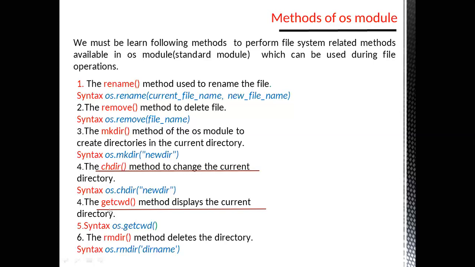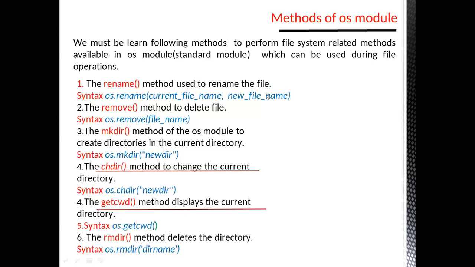Then the next one is the last one. The last one is rmdir. This method or function is used to delete a directory. If we want to delete a directory, it means we want to delete the folder. In general language, we can say directory means folder, and file means either text file, binary file, different types of files we have created.